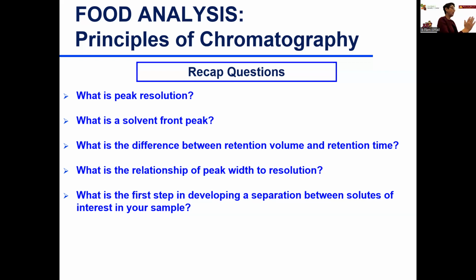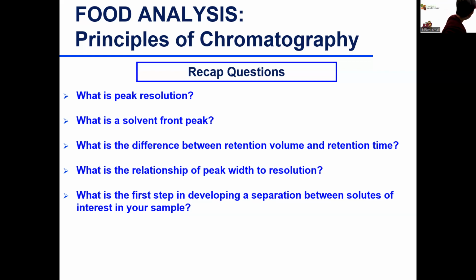So when you have a wider peak, that means it took a long time to reach equilibrium between the stationary phase and the mobile phase. And there's more probably longitudinal diffusion rather than going in and out. So the solute band widens and then it gives you a wider peak. And when you have wider peaks, if you have two peaks close to each other, you might get coelution. So that's something you don't want to happen.